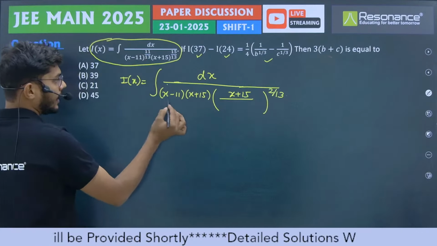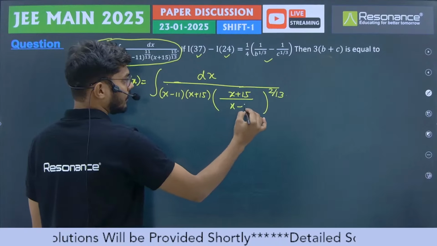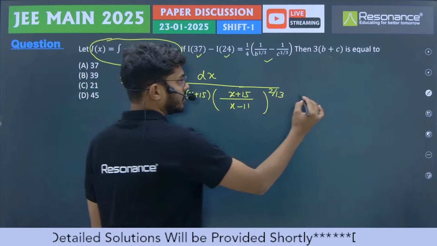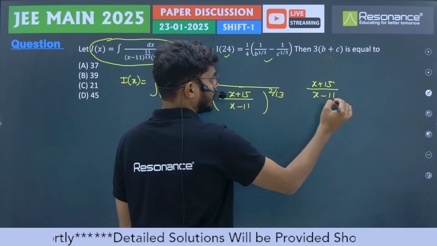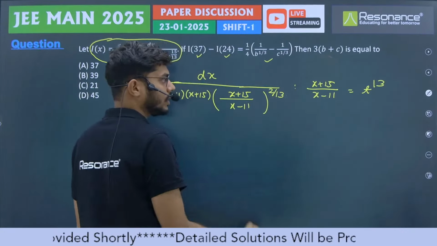Divide by x minus 11 you took common, so here x minus 11 will be there. Assume this particular term as t. So (x plus 15) upon (x minus 11), I will assume t to the power 13 so that there should not be any radical power.